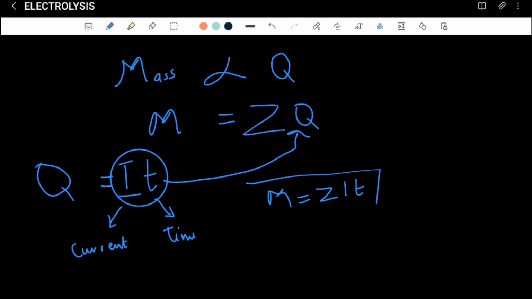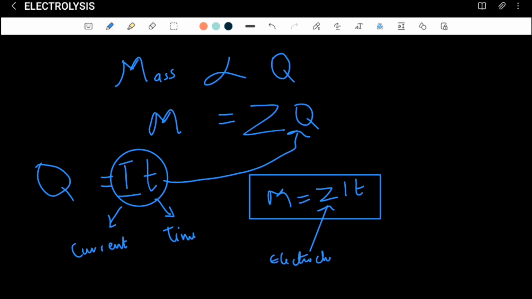Now you might be thinking, this Z we introduced, what does Z stand for? That's the electrochemical equivalent, which is measured in kilograms per coulomb, or if you're given in grams, that'll be grams per coulomb.